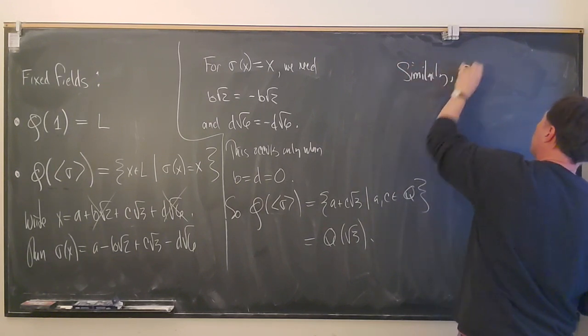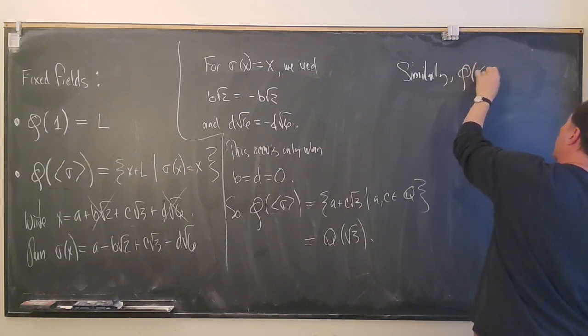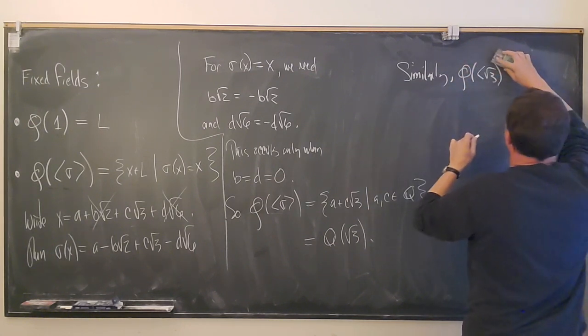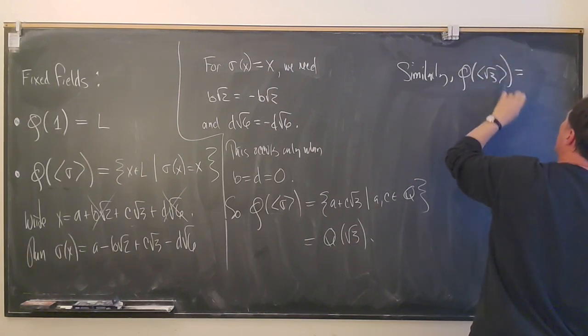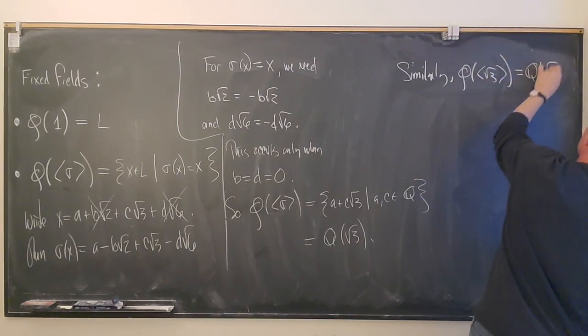The fixed field of the subgroup generated by tau is equal to Q adjoin square root of 2.